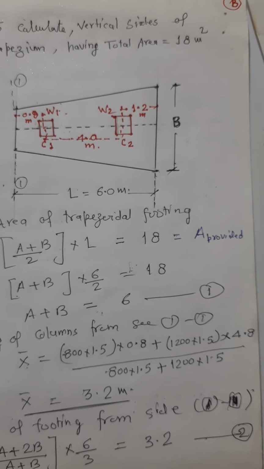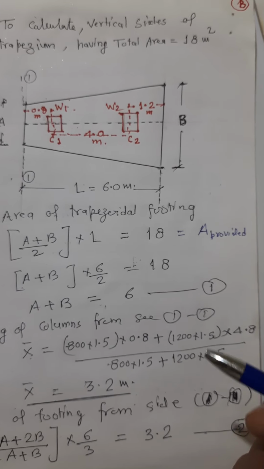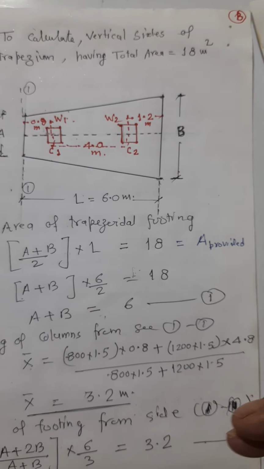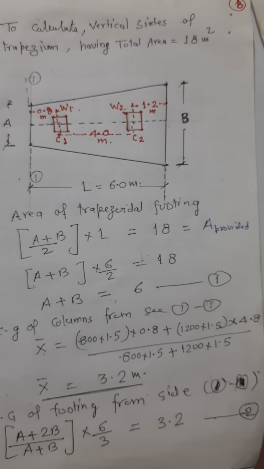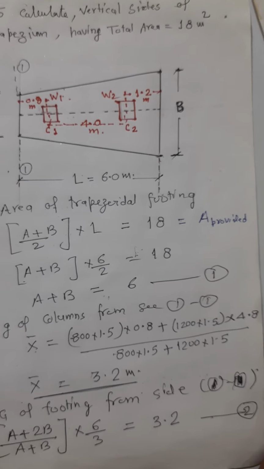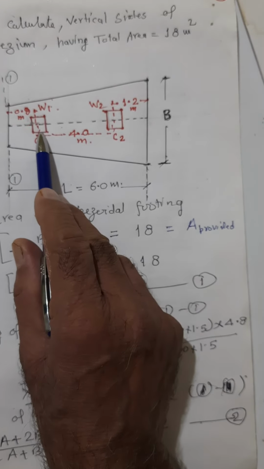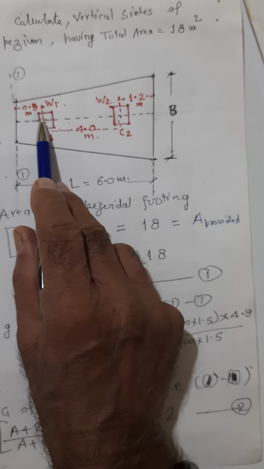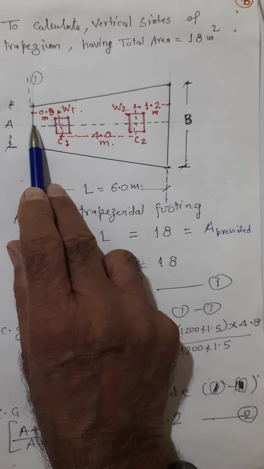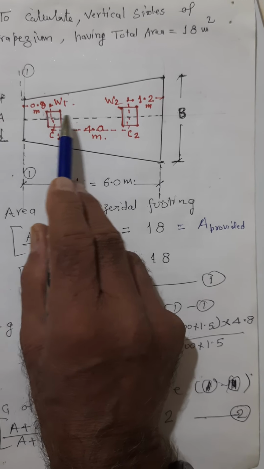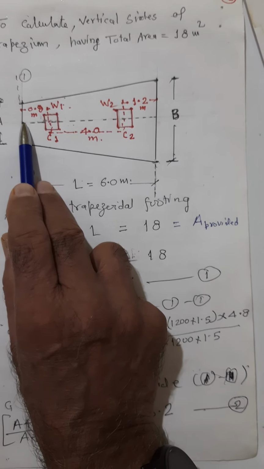For this, again, we will use the same concept, that the CG of the load should coincide with the CG of the combined section. First of all, we will calculate the CG of the column load from this edge. Previously, we were calculating the CG from here, but in this case, it is more convenient to take the CG from here.